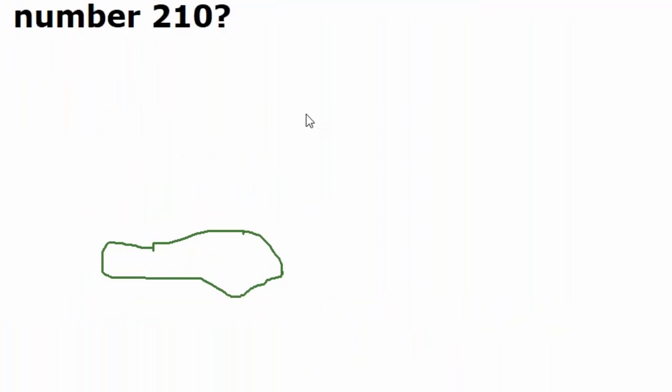Next one. Find the number of factors of the given number. Yes, Tarun.